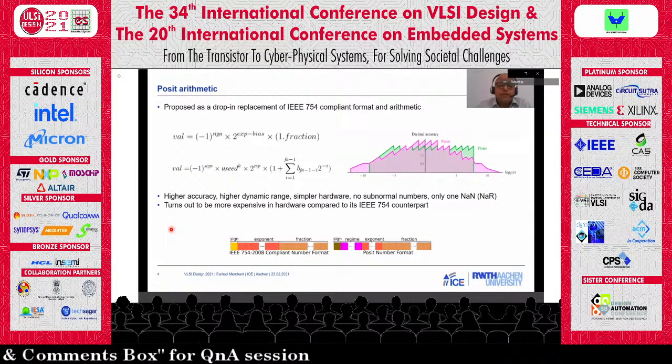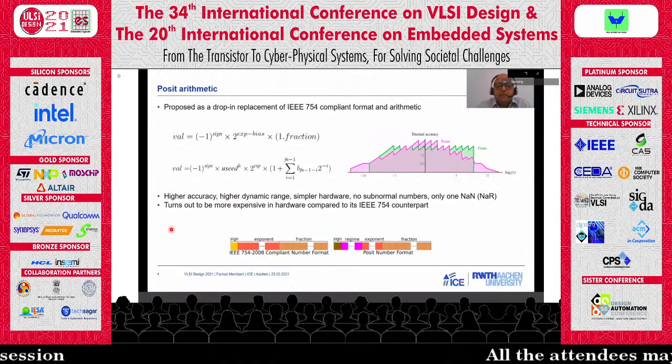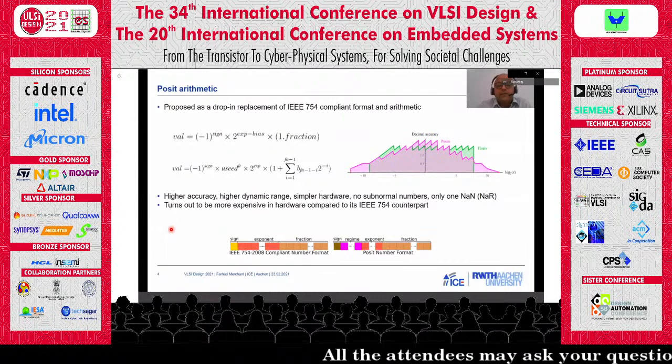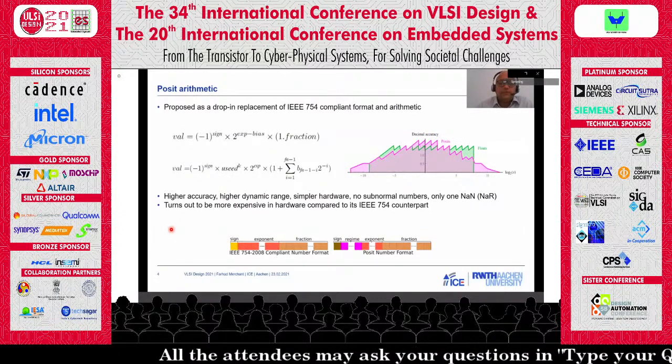Hence, maybe you can replace this 32-bit POSIT adder by a 28-bit adder, and you can have lower area and lower power, while the accuracy remains probably the same as compared to IEEE 754.